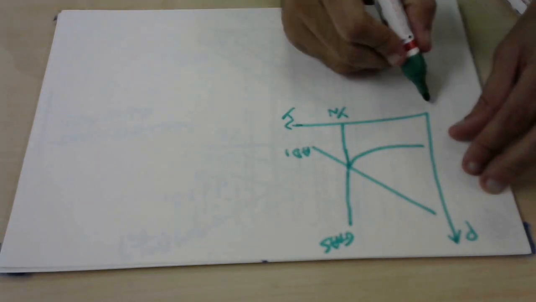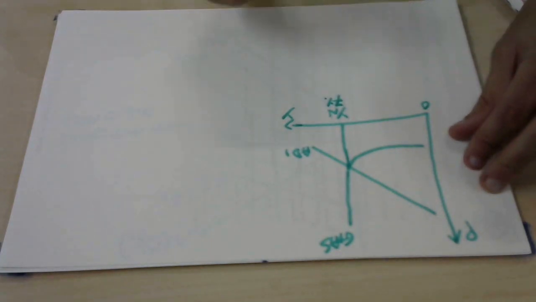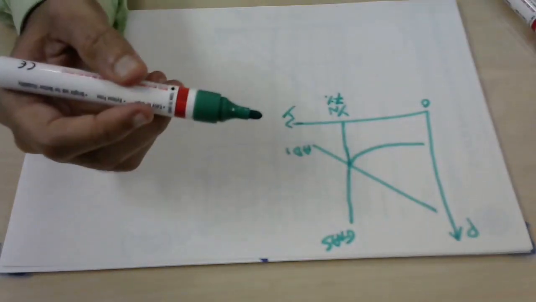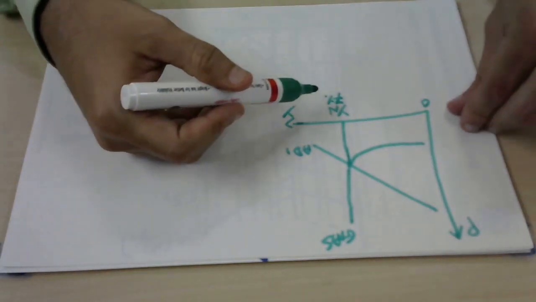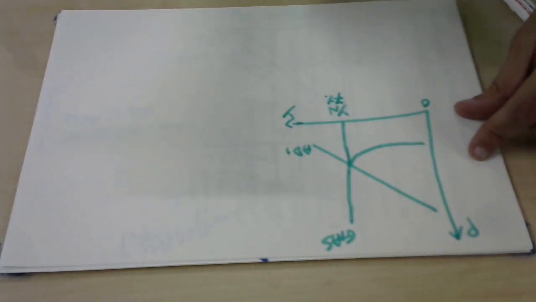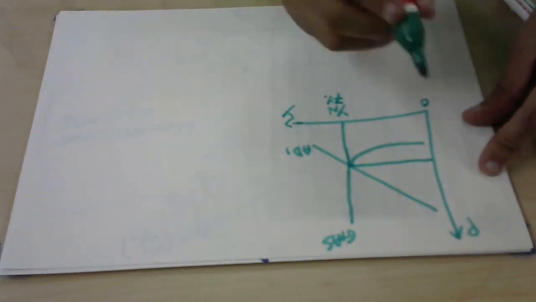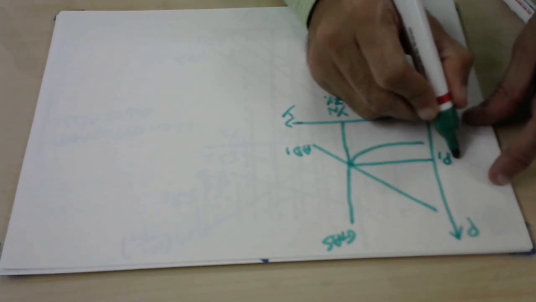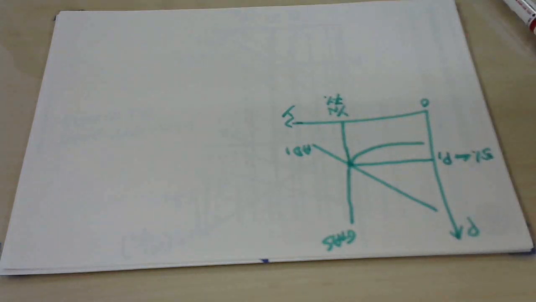Suppose this is say 7%. That means when the AD and AS are as depicted in the diagram, the growth rate that this economy is having is 7% and the price level is P1, and this corresponds to say a 5% inflation rate.